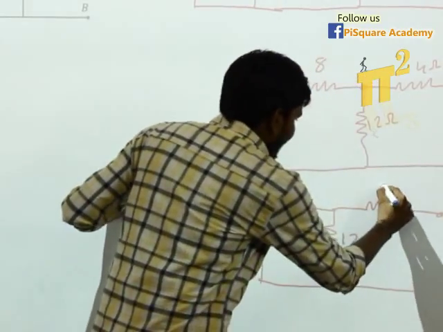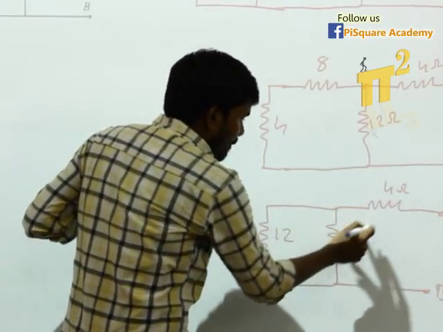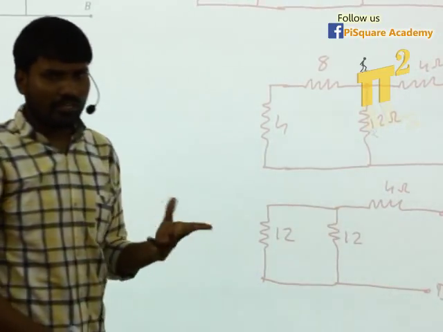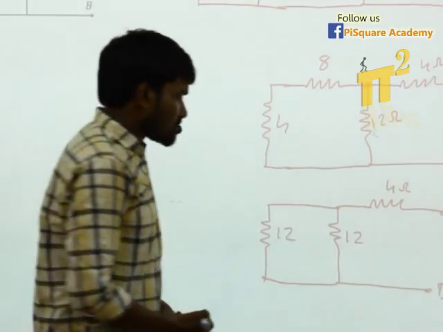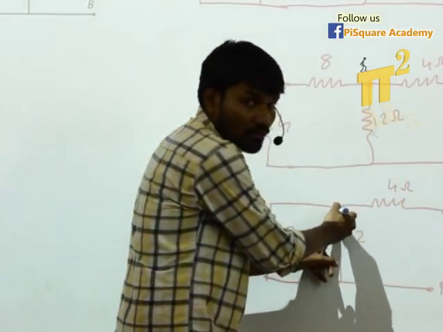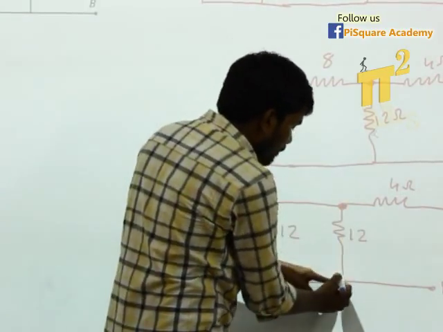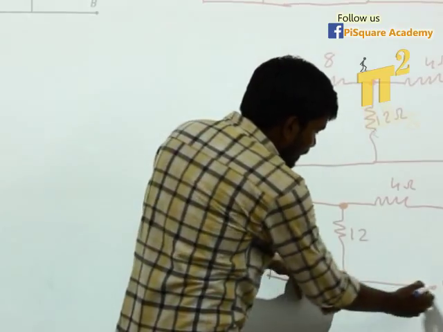Now again, can I say 4 and 12 are in parallel? We cannot say, because for 4 and 12 this is a common node, but the other node is different.